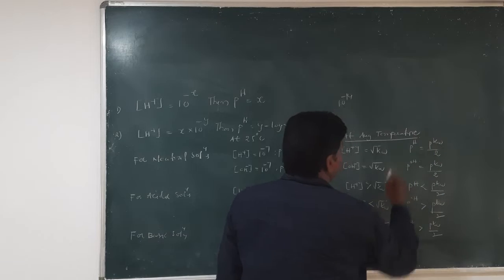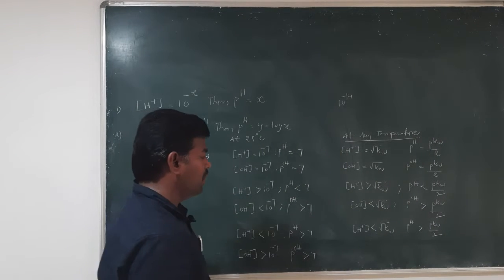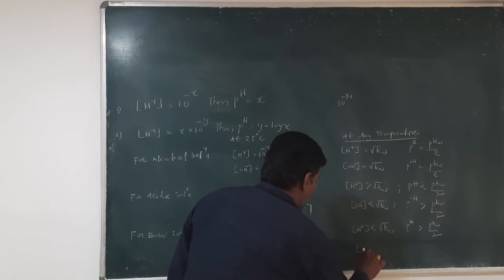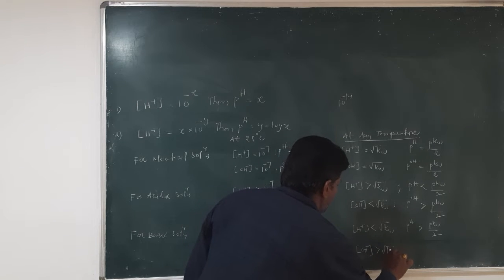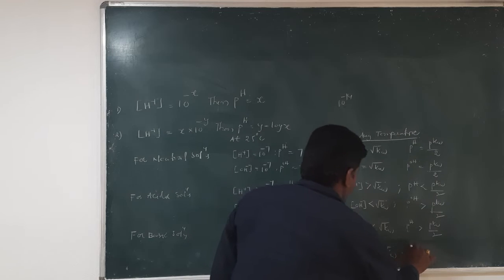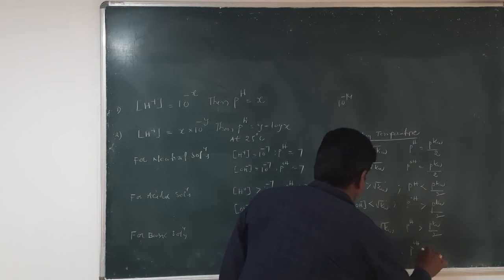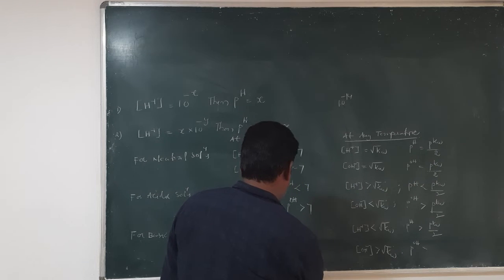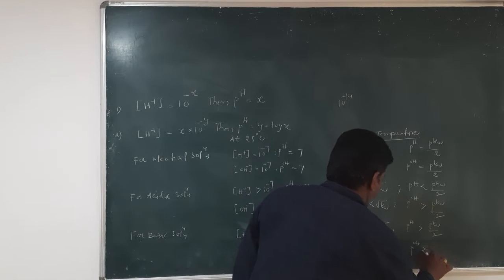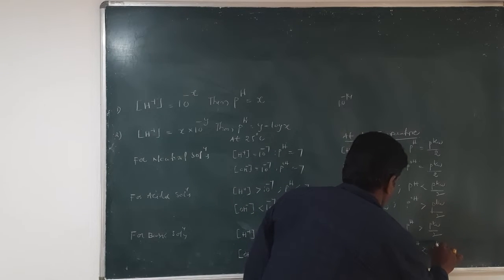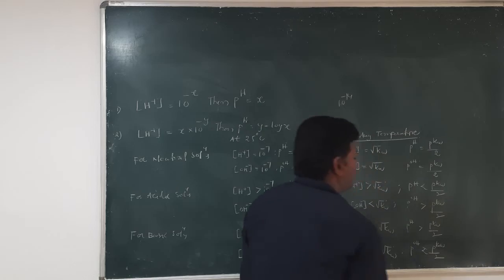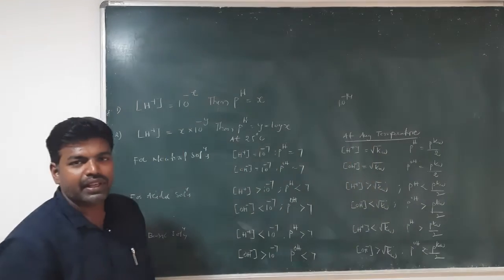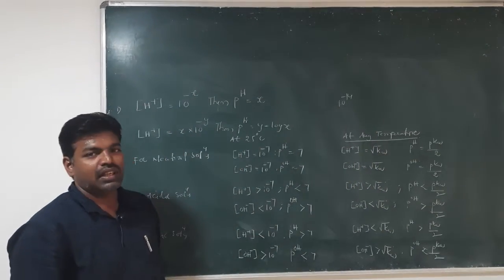You should keep this point in your mind. And the concentration of OH minus is greater than root Kw and pOH is less than pKw by 2. So these are the formulas.